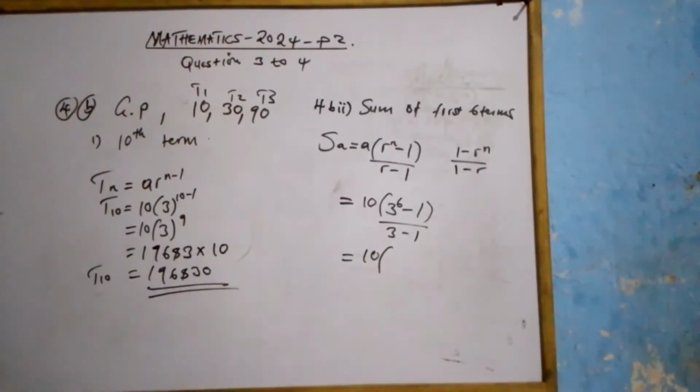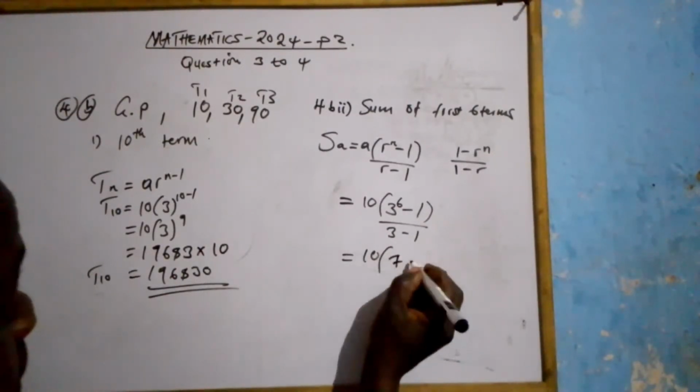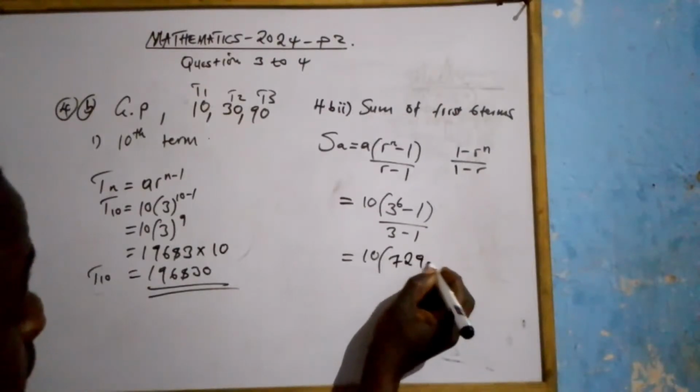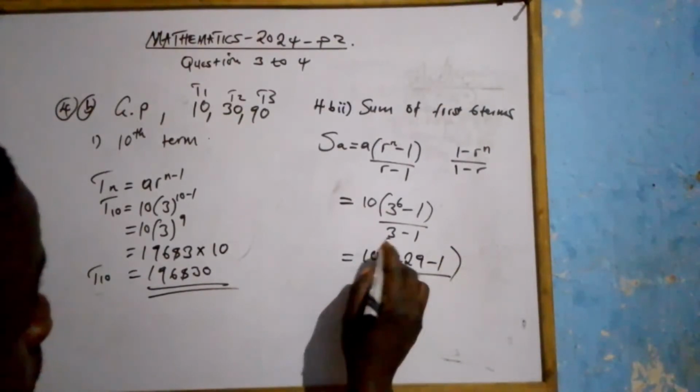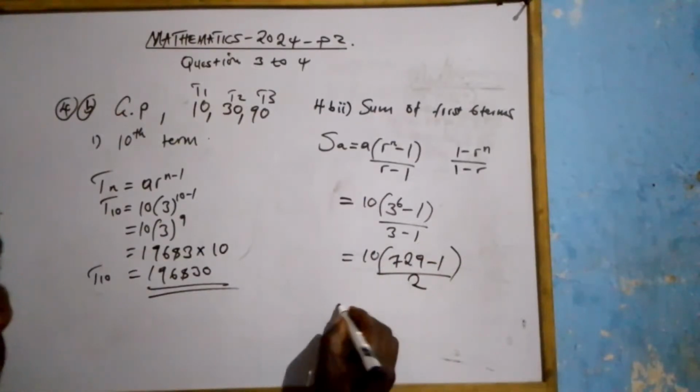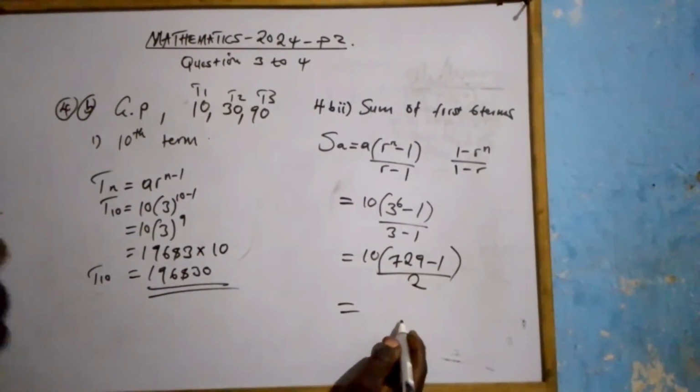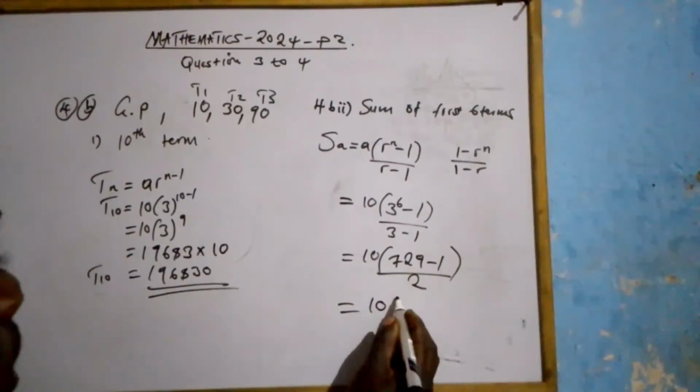When you calculate 3 to the power 6, the answer you're going to get is 729, then minus 1, close bracket, then over 3 minus 1, which is 2.